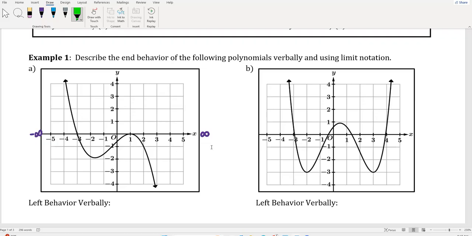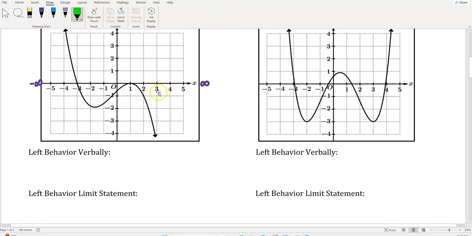So my left side approaches positive infinity, up is positive infinity, right? My right side approaches negative infinity. So to write this out verbally for the left, it is appropriate. In Math 3, we said as x approaches negative infinity. That's fine. In fact, I think I'm going to write both of these things down here.